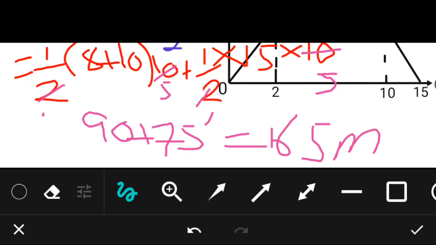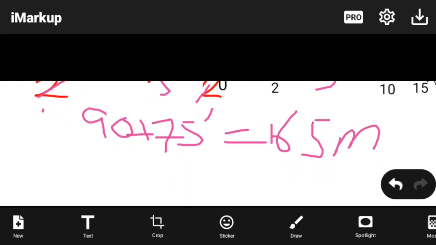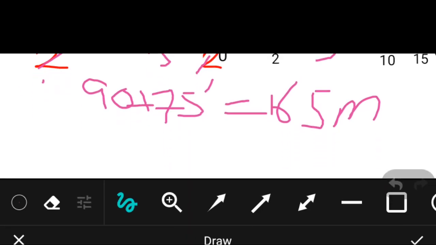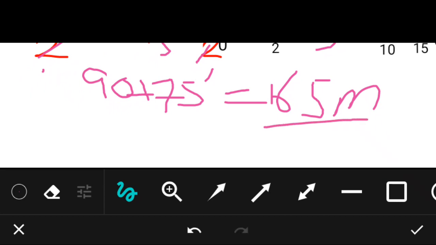So that is the distance. That is the distance for the whole journey. So 90 plus 75, that is 165. Then it means that is the distance for the whole journey.